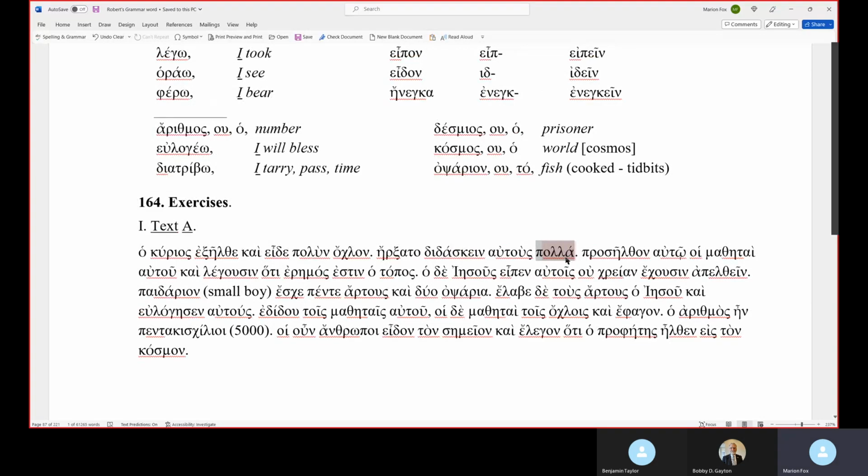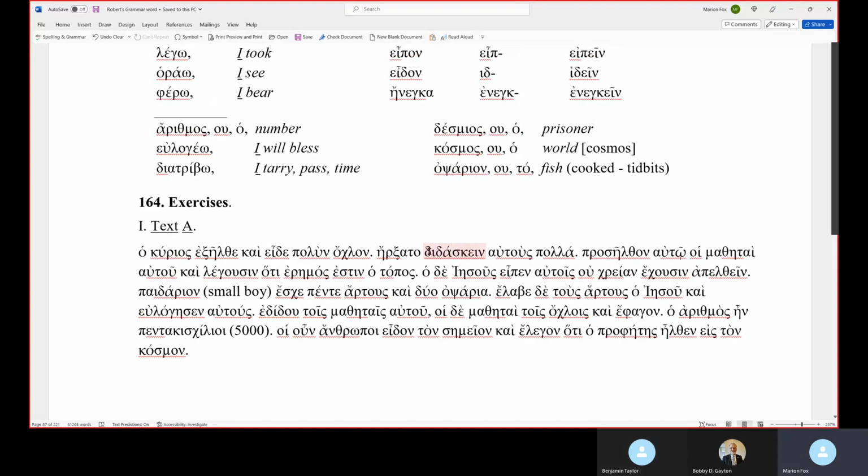However, he began to teach them many things, and that's probably Benjamin's translation, what makes sense. Many is accusative; it's receiving the action of being taught.